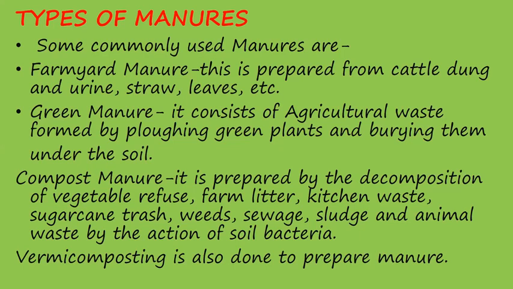The various types of manures. Some commonly used manures are farmyard manure. This is prepared from cattle dung and urine, straw, leaves, etc. Another form of manure is green manure.